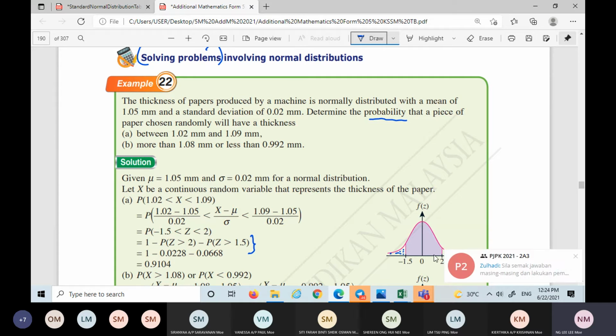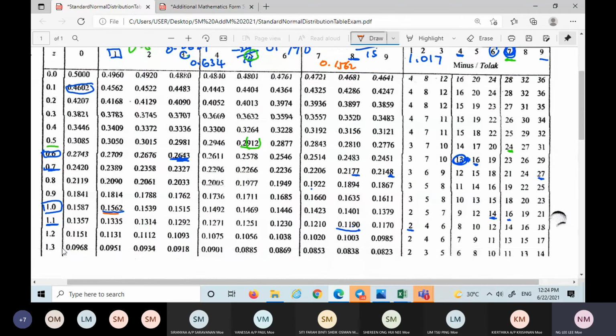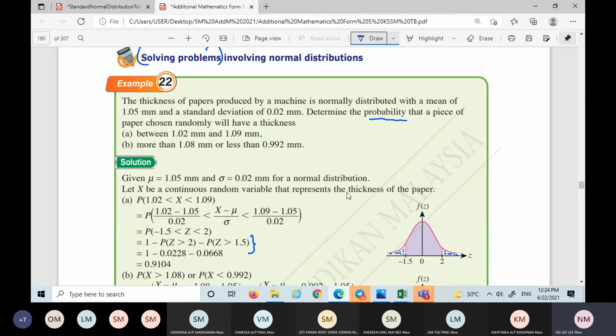So how to find these two? This is the right tail one, so go and read here. 2. Go down some more. 2 is here, 2.0, so 0.0228. Then how about this? This one also has no problem.